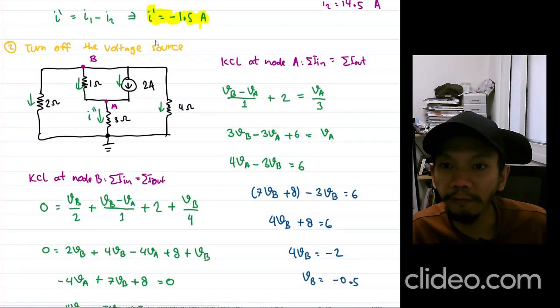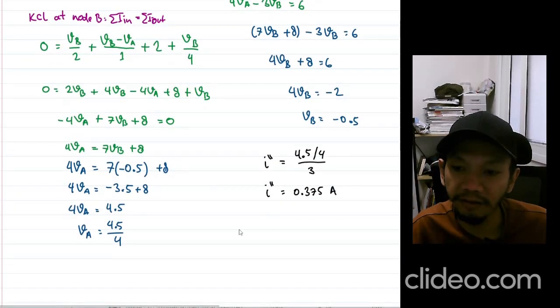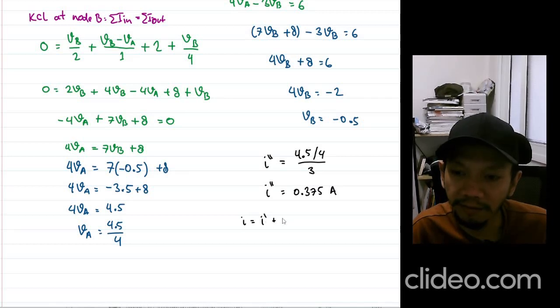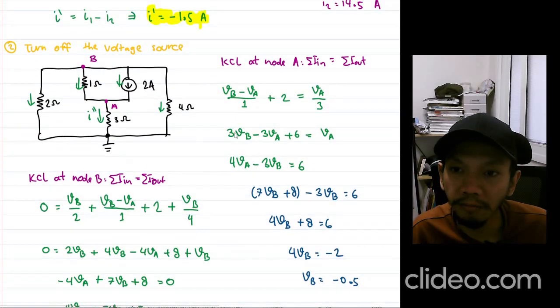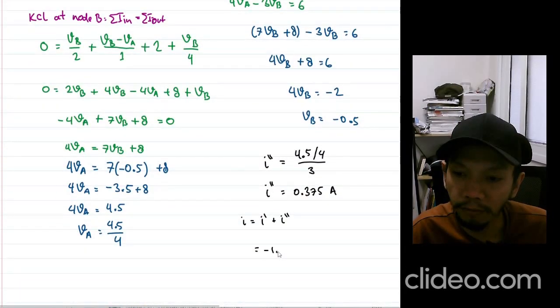So now we have I prime and we have I double prime. So we can just calculate I. I is I prime plus I double prime. I prime will be minus 1.5. And then I double prime will be 0.375.